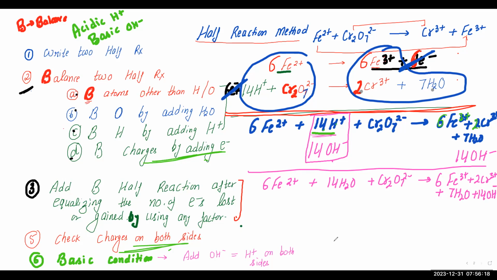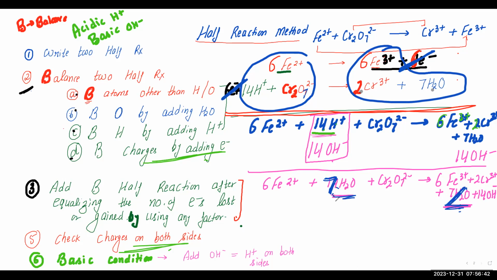right? But water is here on this side and water is also here on this side. It cannot be present on both the sides, so you have to subtract it, right? So this makes it 0. And how much is this then? 7H2O. 14 minus 7, right?